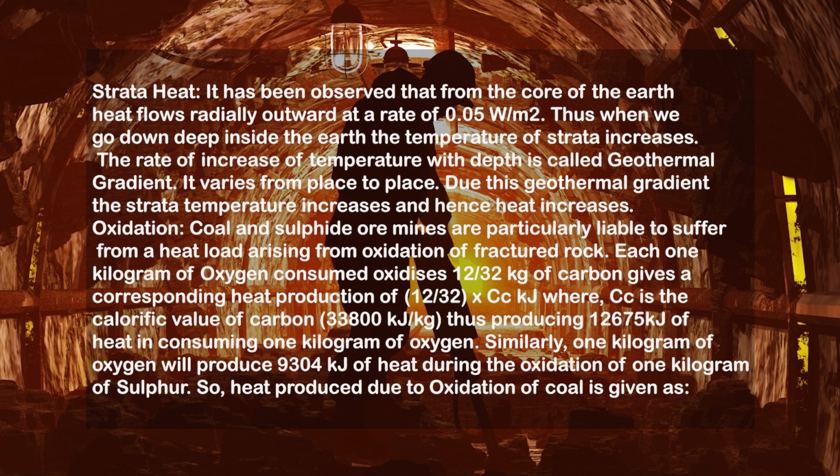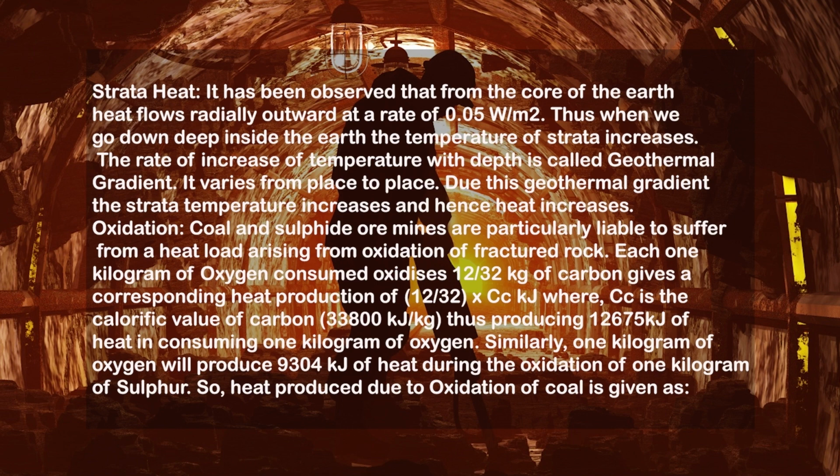This is a very important source of heat because it takes place continuously. Coal and sulphide ore mines are particularly liable to suffer from a heat load arising from oxidation of fractured rock.